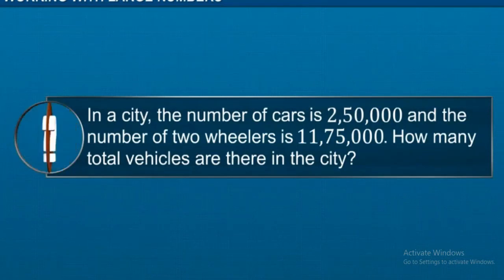Now, let us solve examples in which we have to perform mathematical operations on large numbers. In a city, the number of cars is 2,50,000 and the number of two-wheelers is 11,75,000. How many total vehicles are there in the city?